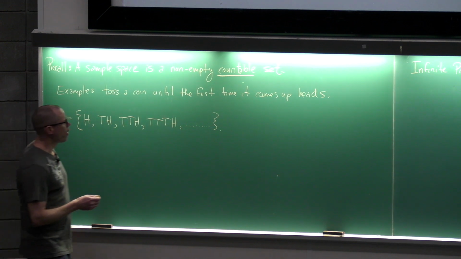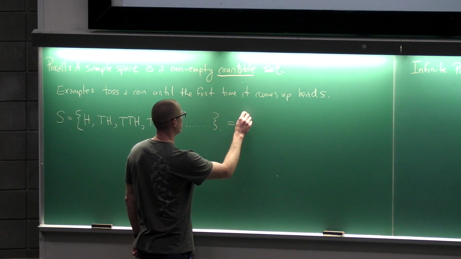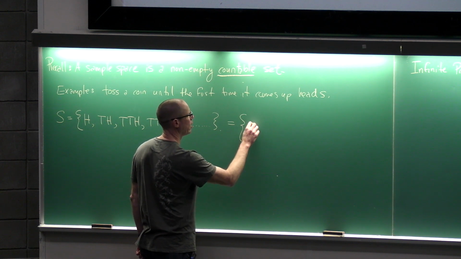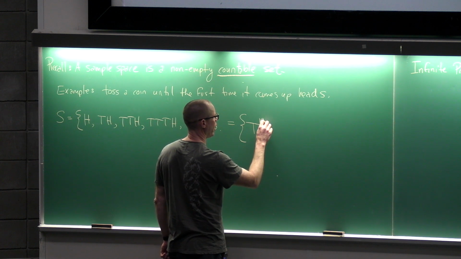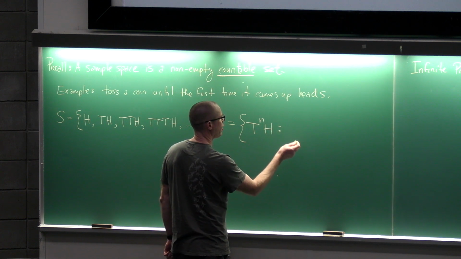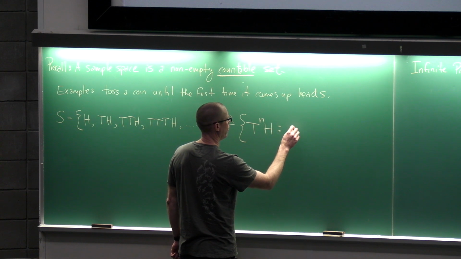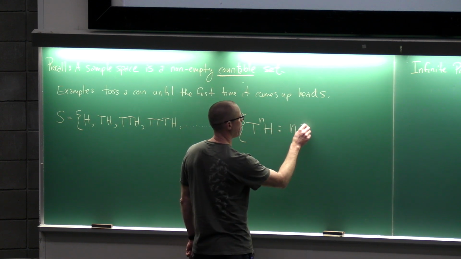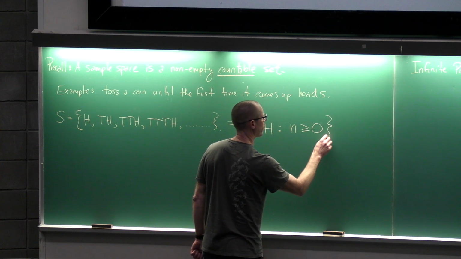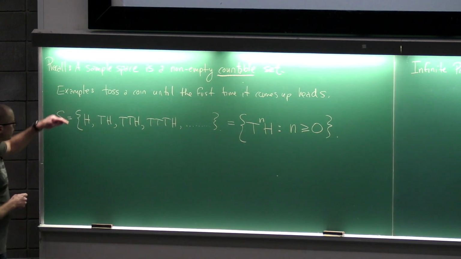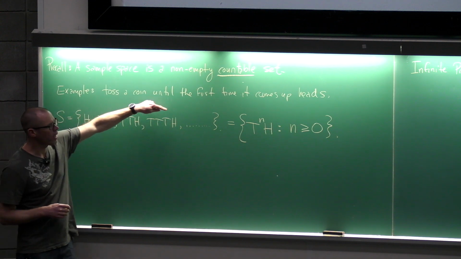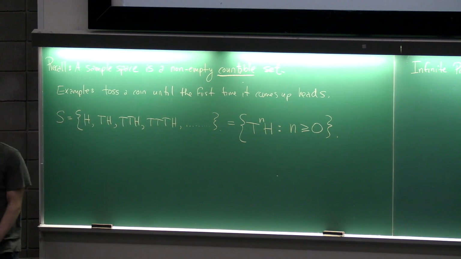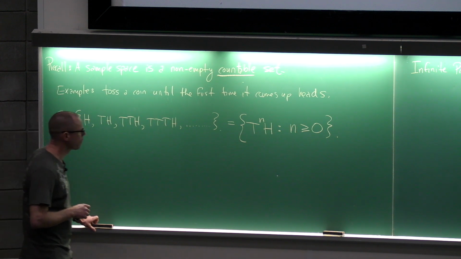A more compact way to write this is that the set looks like tails to the n followed by head, for integers n greater than or equal to 0. Right? 0 tails, then a head, 1 tail, then a head, 2 tails, then a head, 3 tails, then a head, and so on. Those are the set of all possible outcomes for running this experiment. Okay.